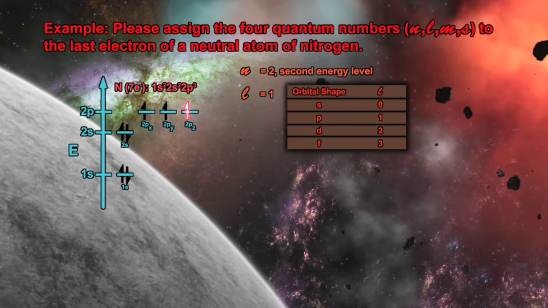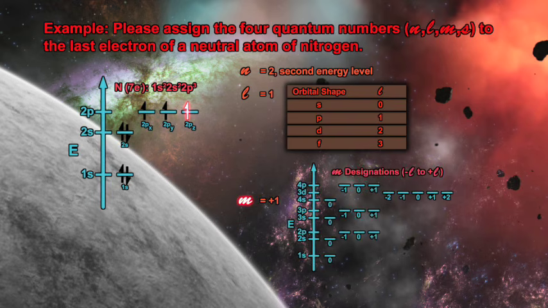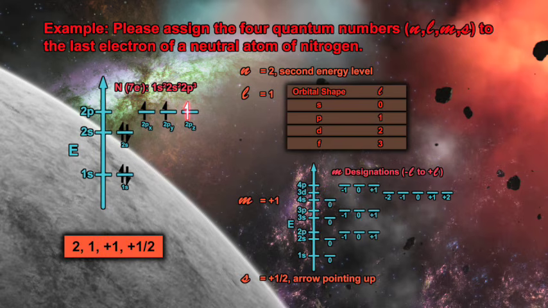The third quantum number, the magnetic quantum number, M, has the designations shown from -L to +L. Thus, this electron in the last 2p orbital has the value of +1. And the last quantum number, which indicates the spin of the electron, is +1/2 because the electron is pointing up. Thus, the 4 quantum numbers are 2, 1, +1, and +1/2.